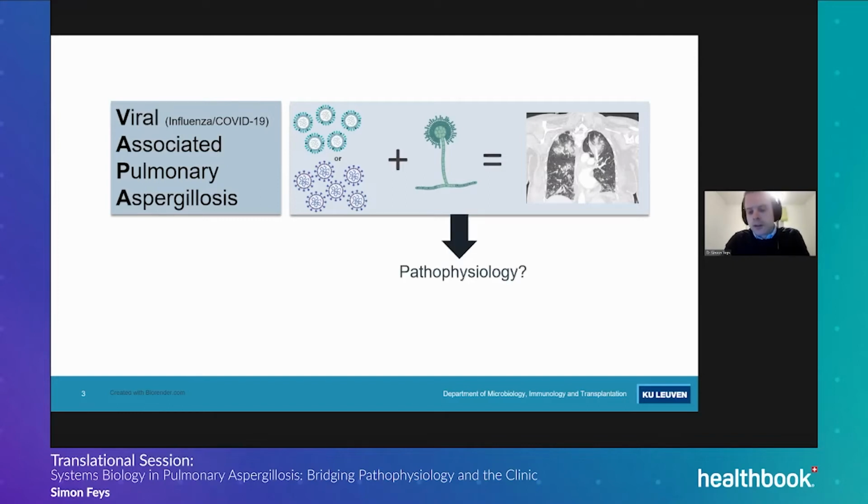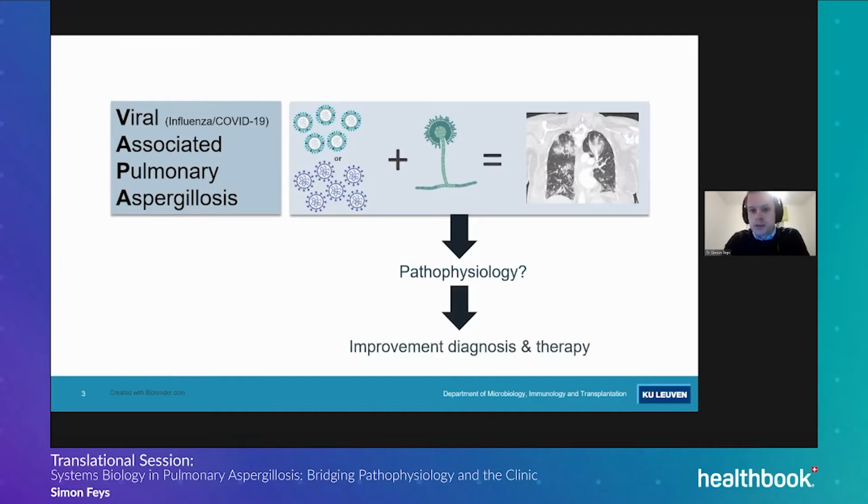And as of now, the pathophysiology still needs to be unraveled, why these patients or a subgroup of these patients admitted with severe viral pneumonia develop aspergillosis, because even patients who are not severely immunocompromised but who are healthy before their ICU admission may develop this aspergillosis, which is quite atypical.